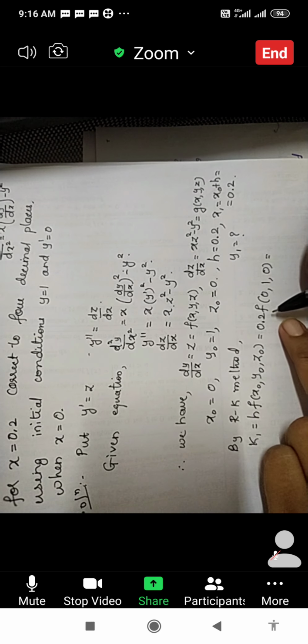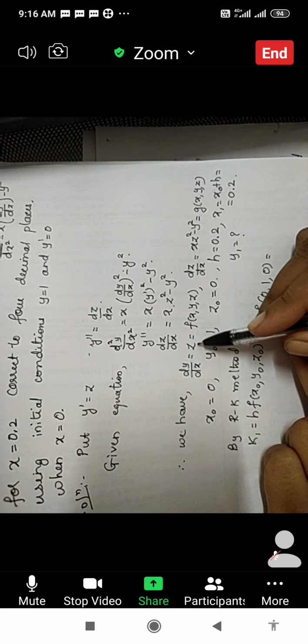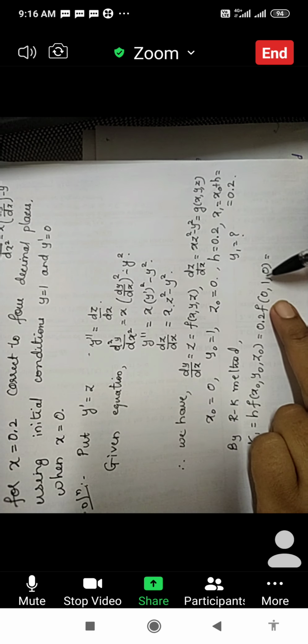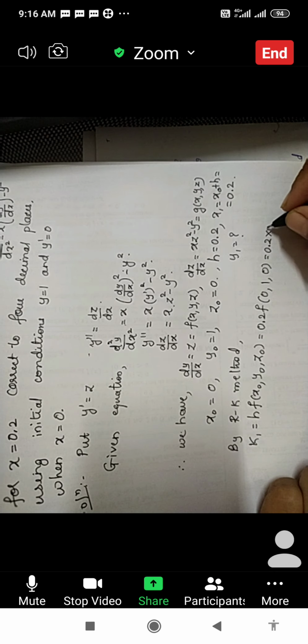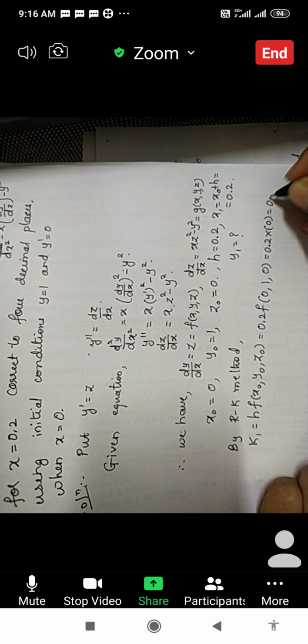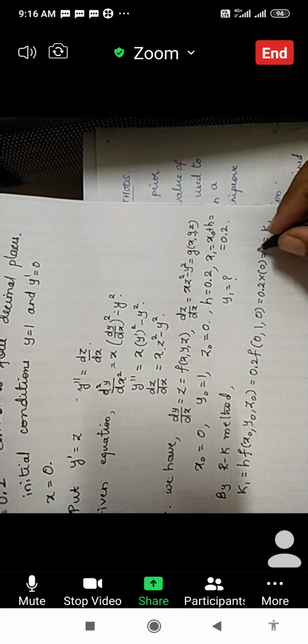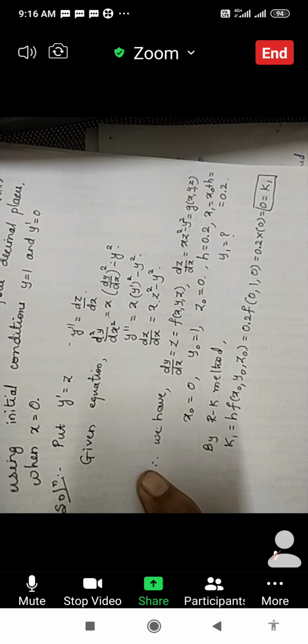Now, how is the function f defined? f of x, y, z is just z. In place of z, you have 0. So this is 0.2 into 0, so the value is 0. Even in the previous case k1 was 0, but don't say k1 is always 0. It depends on the problem.